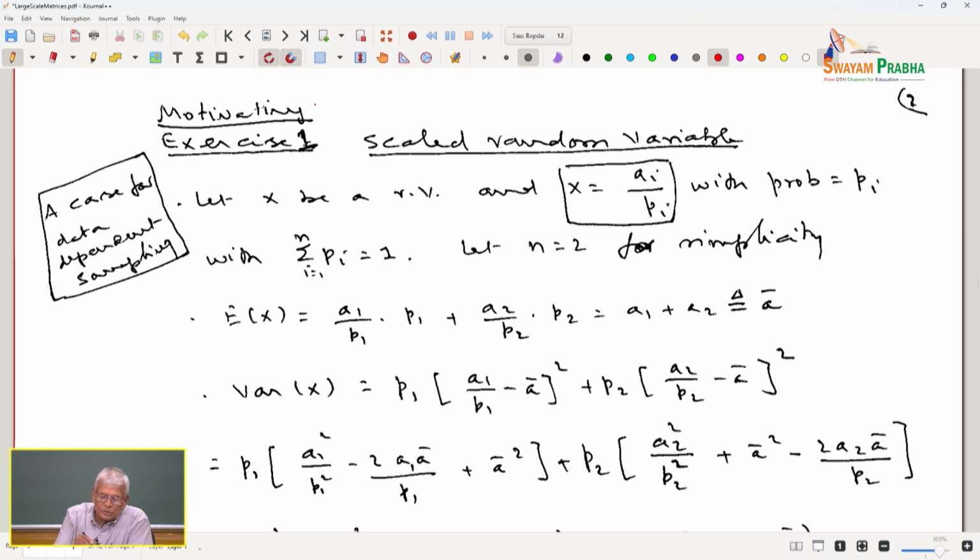So, I am going to motivate by a simple example. This is a case of data dependent sampling. So, let x be a random variable. Let us assume it is a discrete random variable. This discrete random variable may take the value ai by pi with a probability pi.